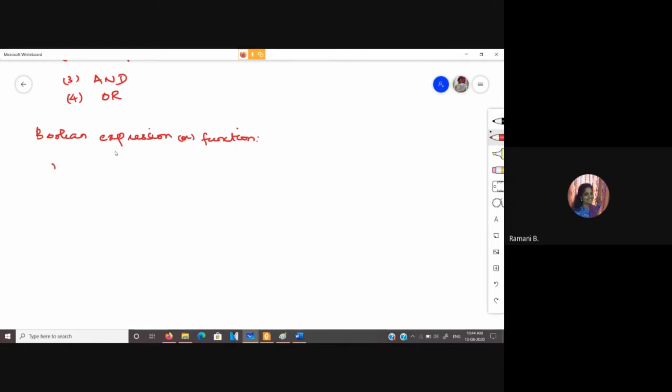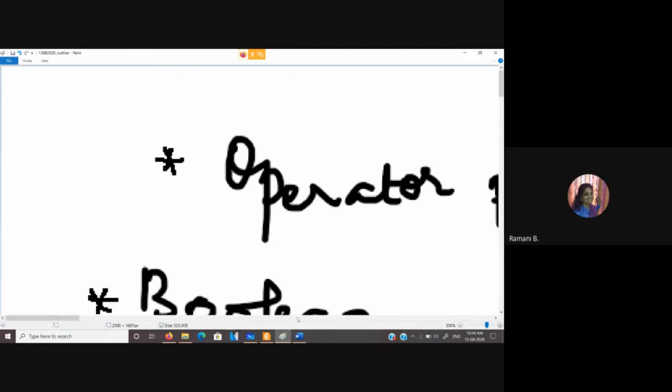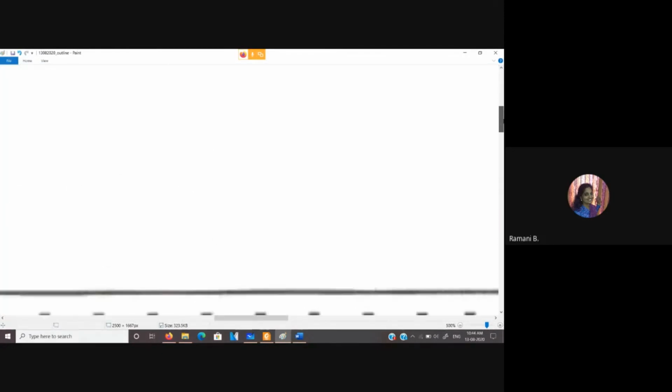For any n variables, we can have 2 power 2n possible functions. That is the actual number of possible functions. For example, with two variables x and y, I have given this table.